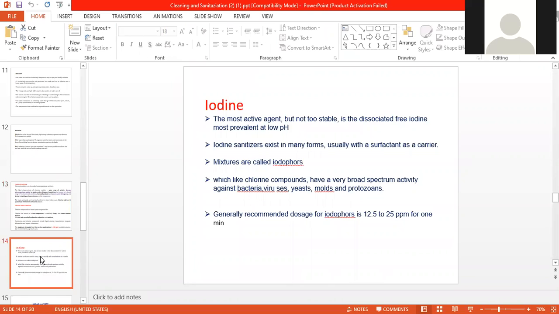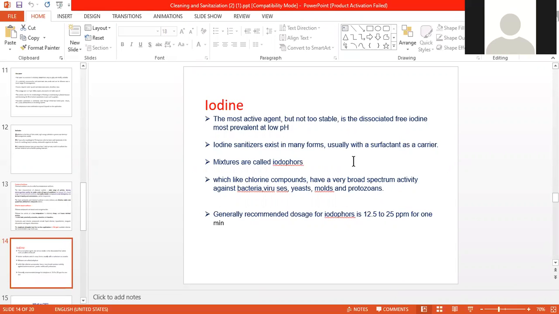Iodine is also a chemical sanitizer after chlorine, and it is a very active agent, but it is not too stable. This is the drawback of iodine. Iodine sanitizers exist in many forms, usually with surfactants as a carrier, and the mixtures are called iodophores.